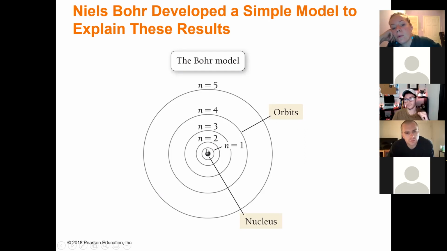In the Bohr model, we have our nucleus in the center that has our protons and neutrons in it. Then the electrons ride around on tracks outside of the nucleus. These tracks are very nice and clean and even and consistent. The track closest to the nucleus is given a number value. It's called n equals 1. The second closest is n equals 2, and you move all the way out.